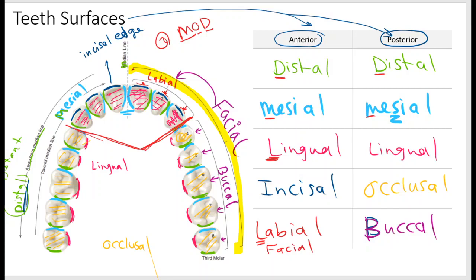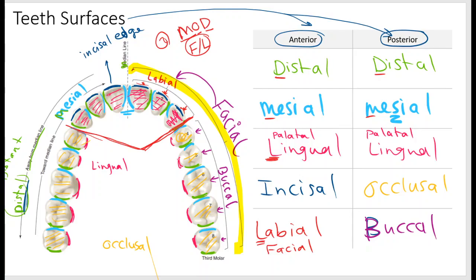So it can be labial or facial, but especially when we're writing things, we write F instead of L for anterior teeth. So that makes the difference. Another thing to note is that the lingual on the maxillary teeth, sometimes we call it palatal because it is related to the palate.